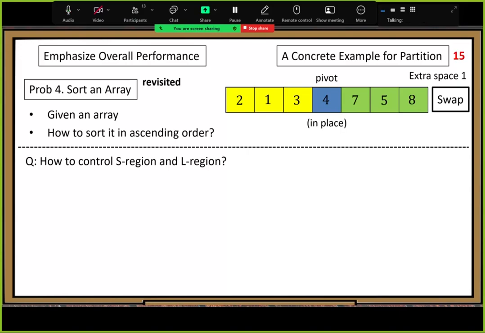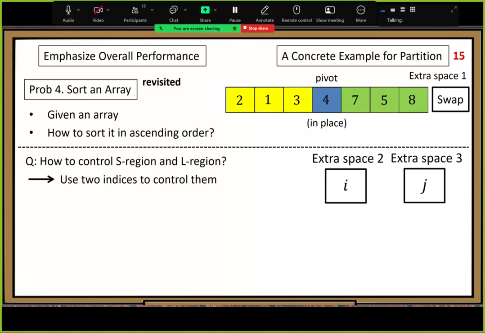We just use two index variables, an I variable and a J index variable, so we can control these two regions. You know the location of the last element in each region.